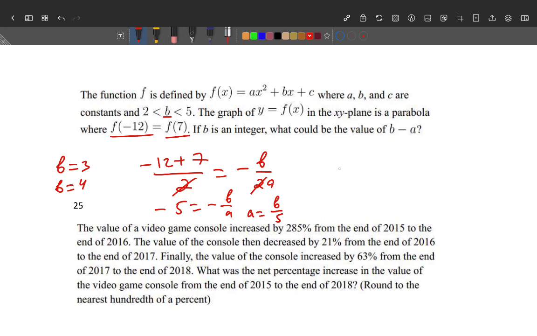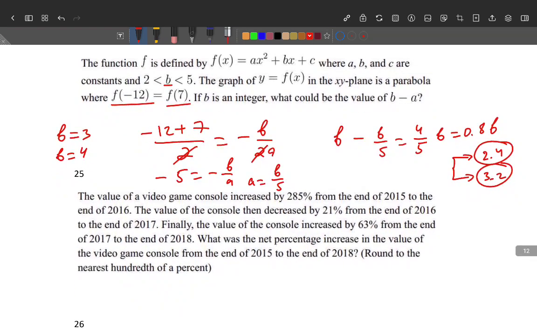B negative a is b negative b divided by 5, 4 divided by 5b. It means then we have two possible values. If b is 3, this value. If b is 4, we can take this value. Any of them is correct.